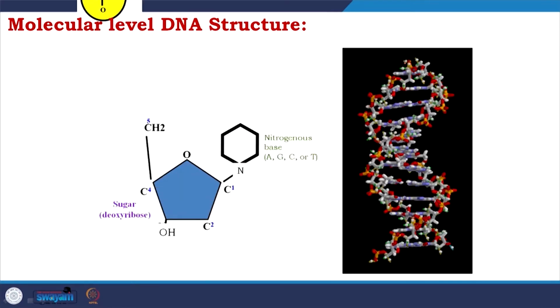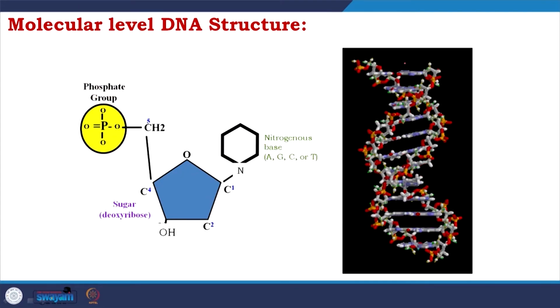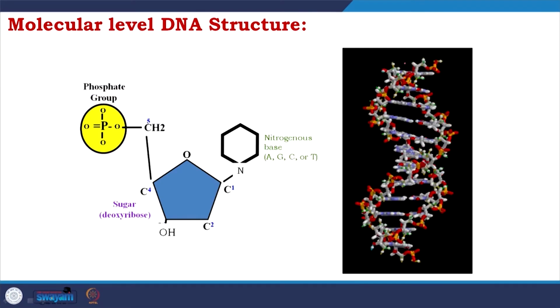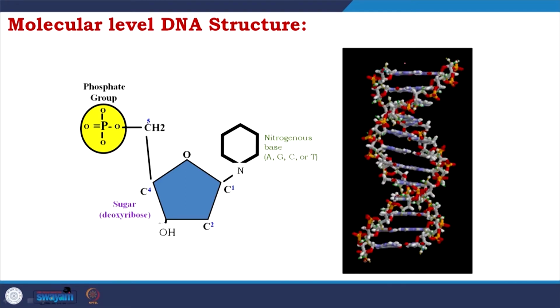If you look at the molecular components, there are three major components you could see in DNA or even in RNA. There is a sugar, in DNA it is called deoxyribose sugar, whereas in RNA it is called ribose sugar. There is a phosphate group. When there is a synthesis of a DNA, it comes with 3 phosphates, 2 are released as pyrophosphate, and you get the energy to make the polymerization reaction go in the thermodynamically favorable direction.